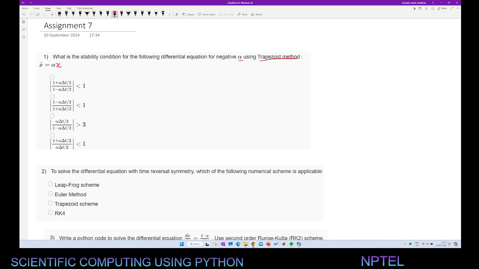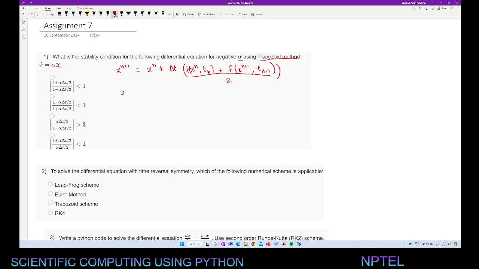We know the trapezoidal method is x_{n+1} is equal to x_n plus delta t times f of x_n, t_n. But if we write just this, then it becomes Euler. We have another term, f of x_{n+1}, t_{n+1}, and take the average, so it's plus, divided by 2.